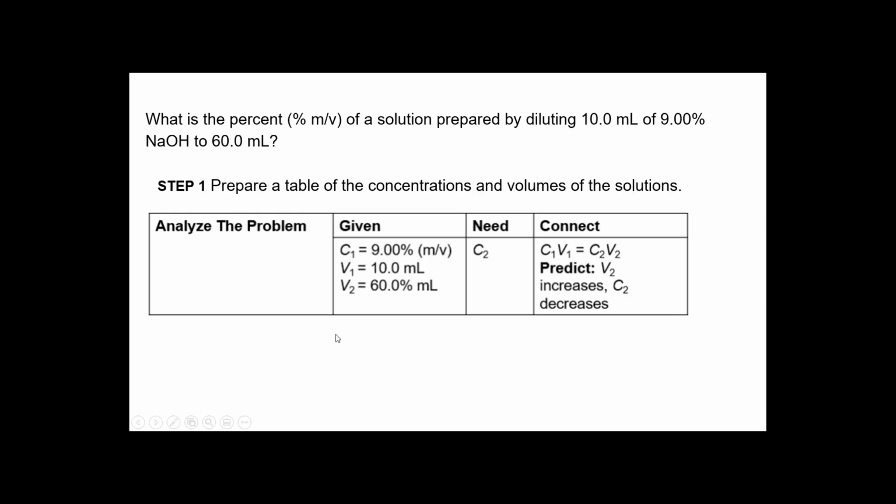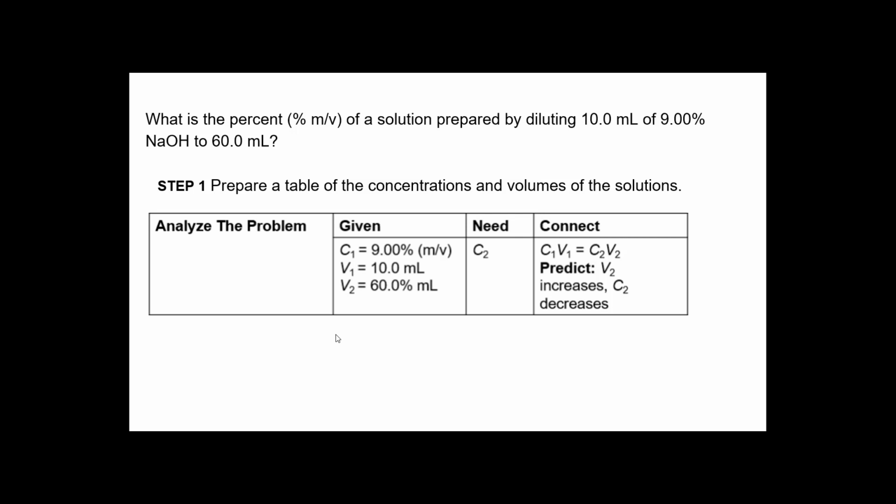What is the percent of a solution prepared by diluting 10 mL of a 9% sodium hydroxide to 60 mL? Again, let's break down what we have. We're given C1, which is 9%. Our initial volume is 10 mL, and our final volume is 60 mL. They put a percent there by mistake.